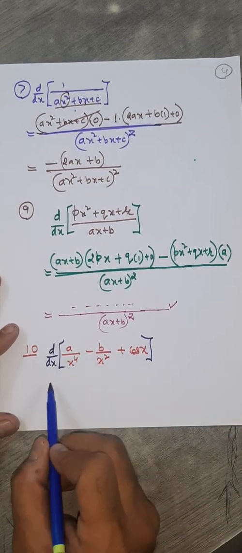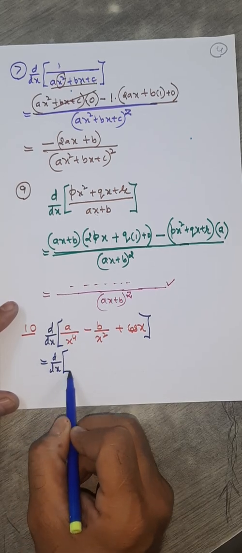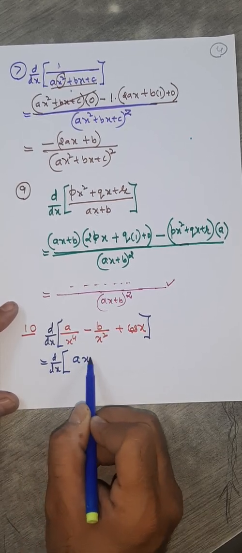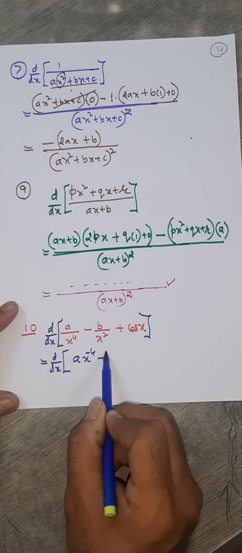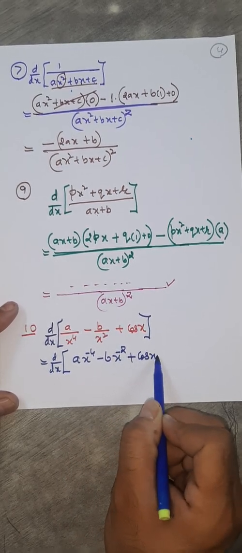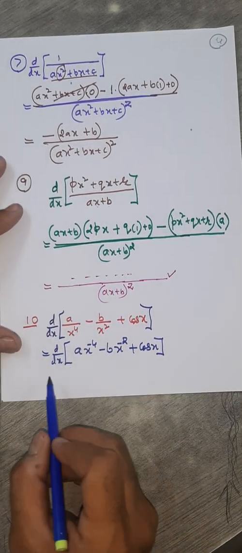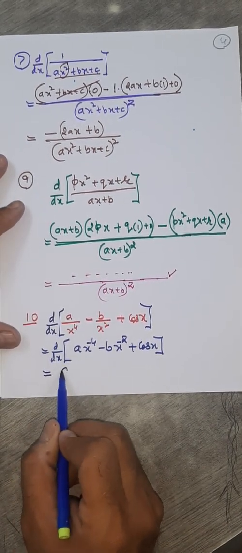Before I differentiate it, I'll write one more step. Yet I'm not differentiating. a into x raised to minus 4 minus b into x raised to minus 2 plus cos x. What I did, I took that x raised to 4 in the numerator as x raised to minus 4. a being constant as it is.